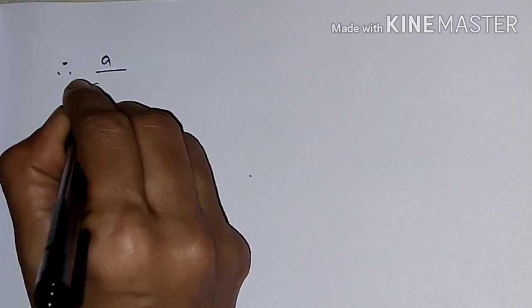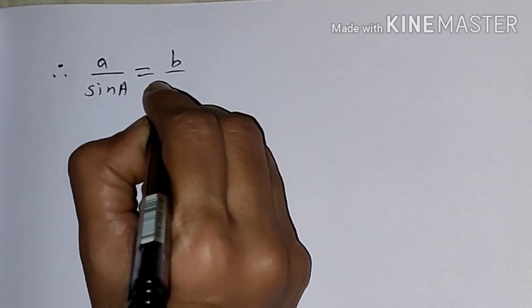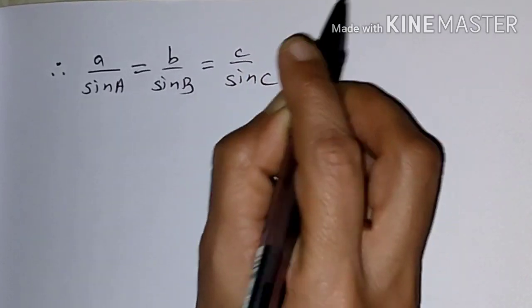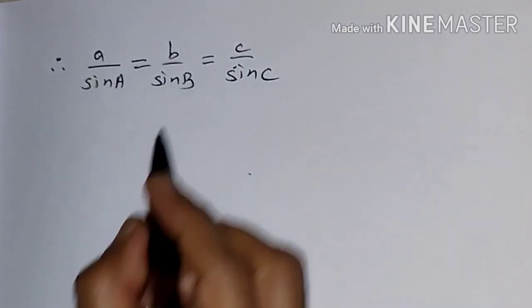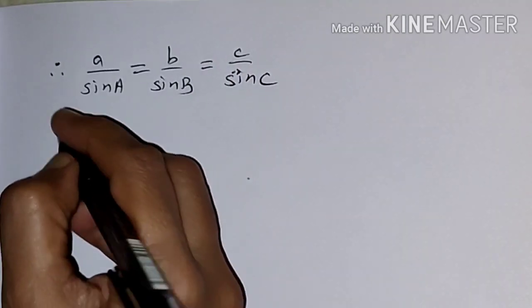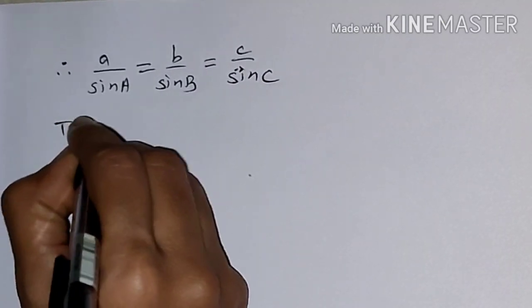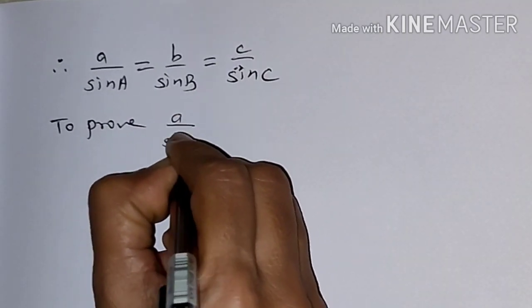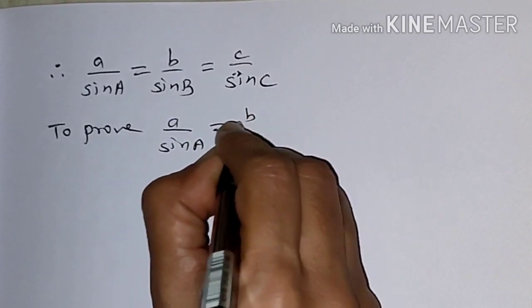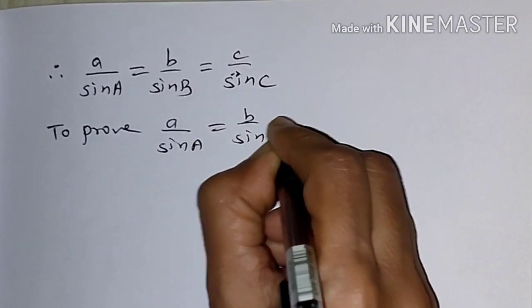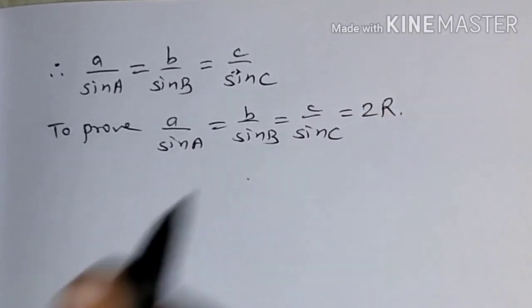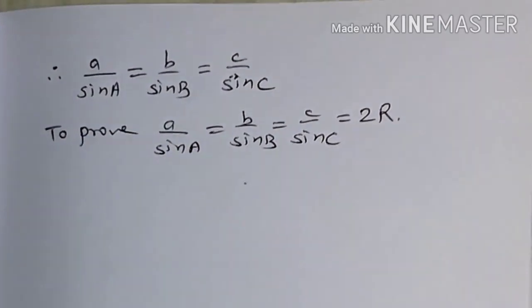Further we want to prove that a upon sin A is equal to b upon sin B is equal to c upon sin C is equal to 2R, where R is circumradius of triangle ABC.